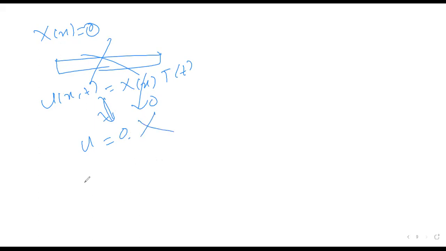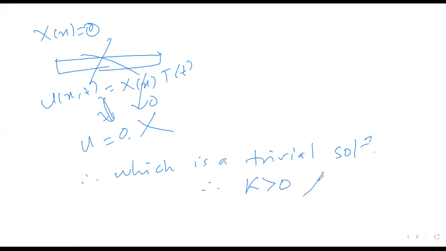That's what we call a trivial solution. I don't know if you have heard this in your ODE. Trivial solution means it's not the solution, so k greater than 0 can be omitted. It's not the possible one.